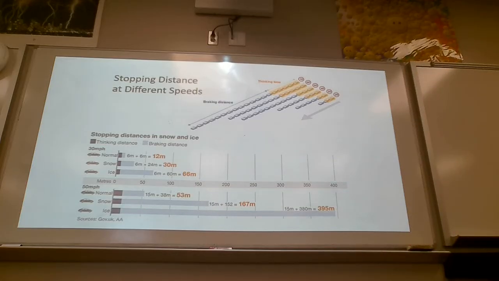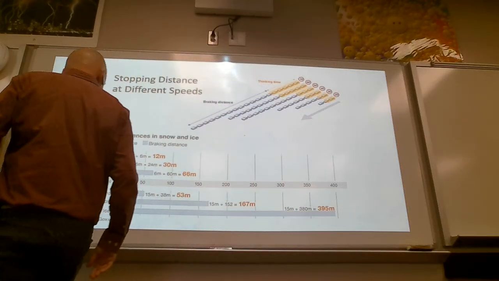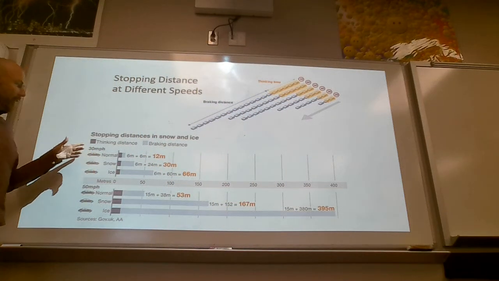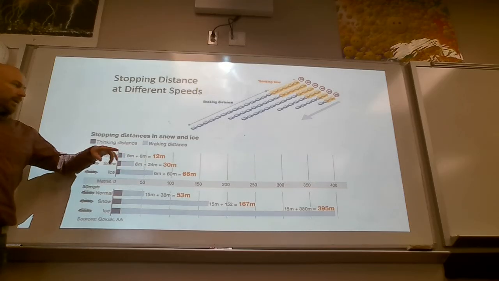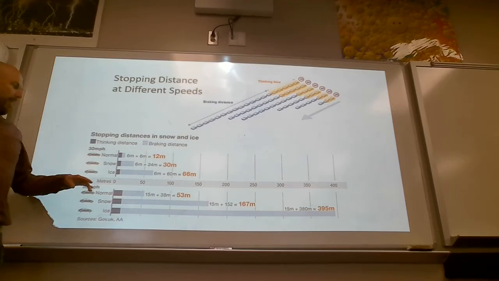As we are proceeding into the winter months, many of you are going to be driving for the first time in non-ideal conditions. Well, it'll probably be Tokyo drifting on the ice. So at 30 miles an hour, normal takes you 12 meters to stop.